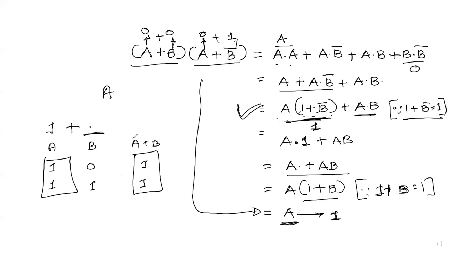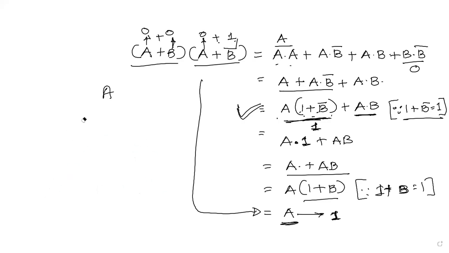Okay. Second, when you are doing like this, now there might be a question of why 0, right? So if you see A, B and A plus B, then if A is 0 and B is 0, you get 0 here.